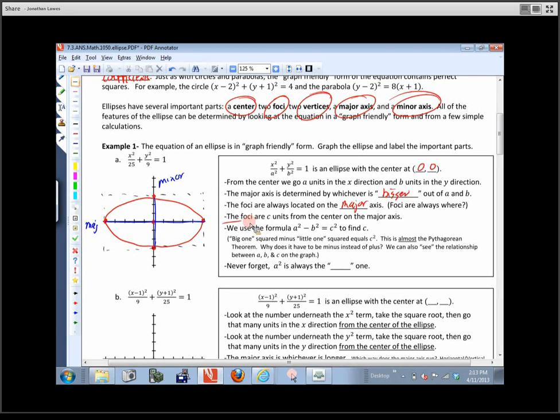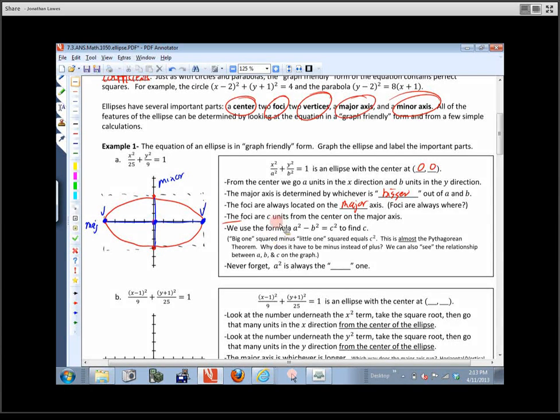Okay, we've graphed a couple of these things. Okay, let me do the vertices. These endpoints right here, the endpoints of the major axis, that's a vertex, and that's a vertex. And now we want to graph the foci. We know what the center is, but we want to graph the foci.